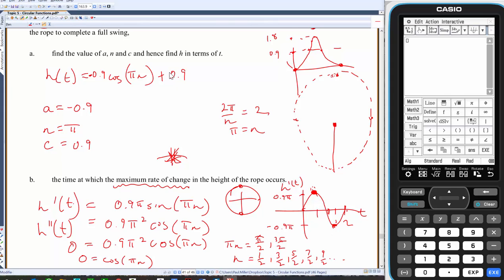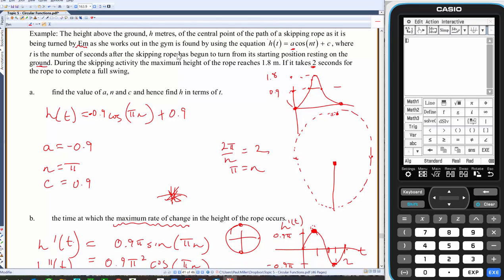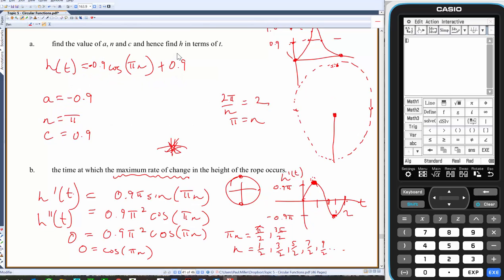Now, nowhere does it say in the question how long she actually skips for. Okay, it doesn't say that at all. So it's interesting to note that we can give a general solution here. We're going to say that t is equal to, let me think about this.